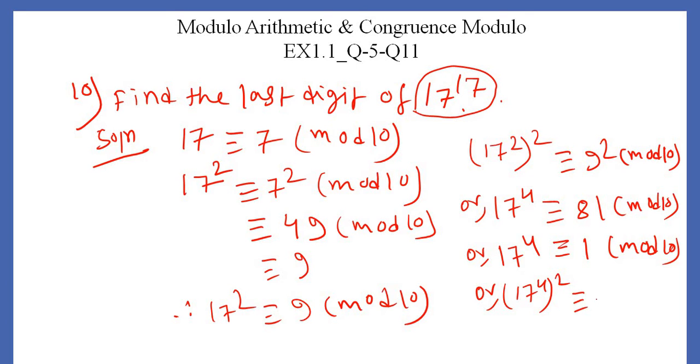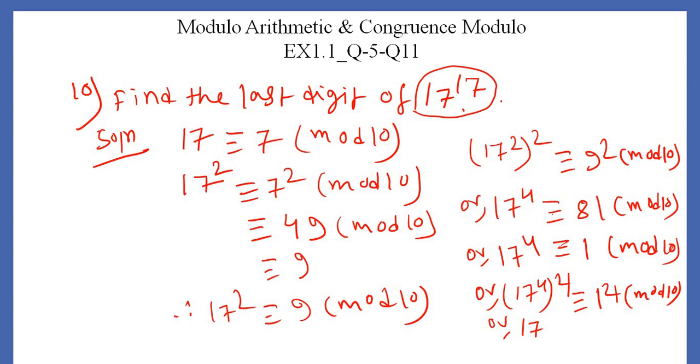So we can write it as 17 to the power 4 square congruent to 1 square mod 10. 4 square means 16. Sorry, 4, not 2. I'm really sorry. It would be 4. Not 2, because 4 into 2 is 8, not 16. So we will raise the power by 4 because 4 into 4 is 16.